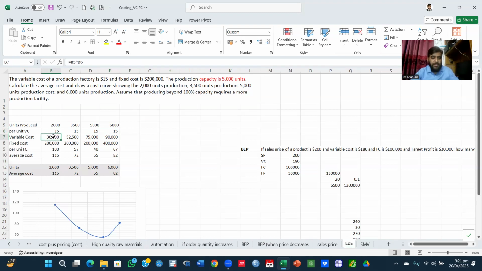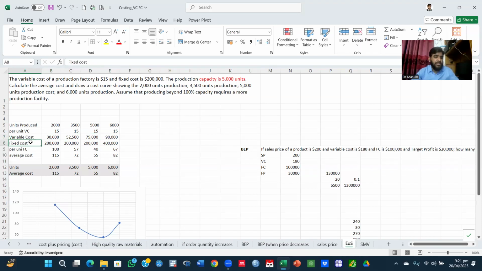But variable cost here, oh sorry, this is total variable cost. When you are multiplying by the units produced the per unit variable cost, this is total variable cost. You can calculate it or not, it doesn't matter.